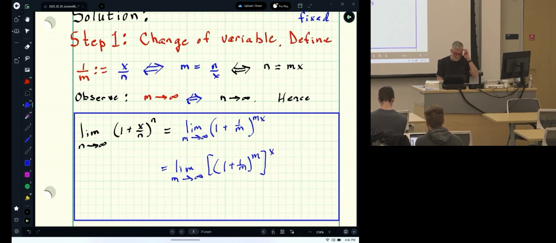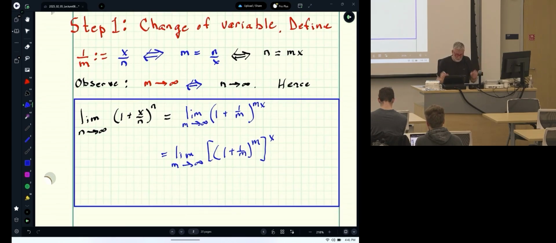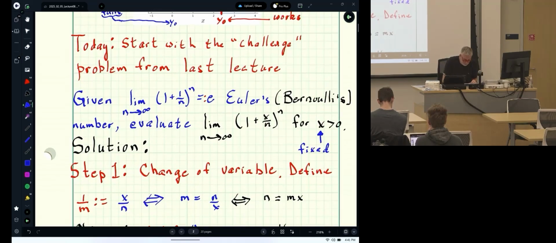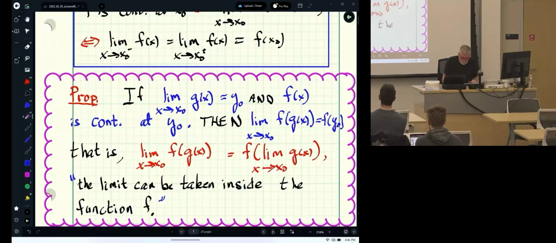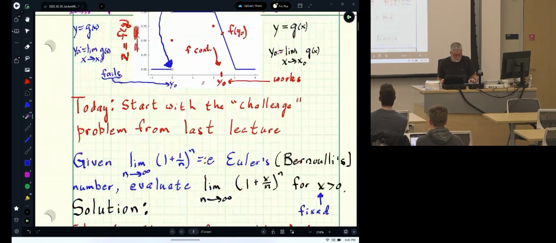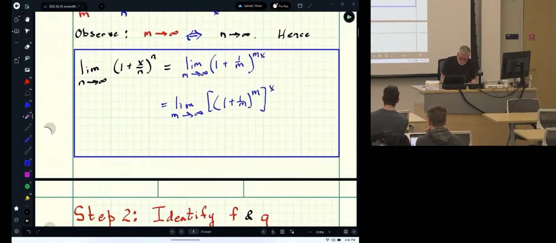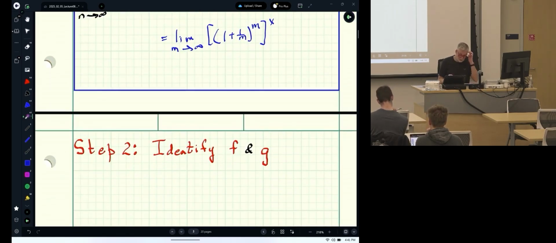Okay. So we want to identify, we know this limit, and when we look at this theorem, that tells us probably how to identify the function g, because it's the function where we know the limit, and then f is the thing on the outside that's being applied to the limit, and that's what's going on here. So identify f and g.